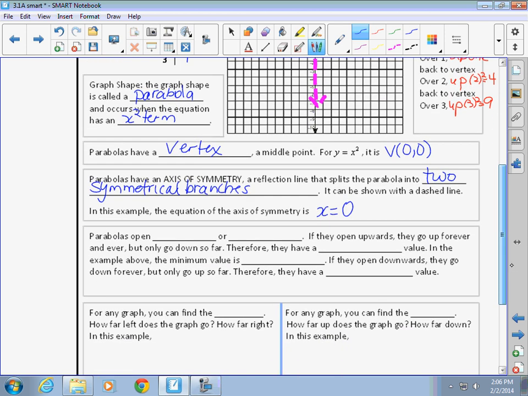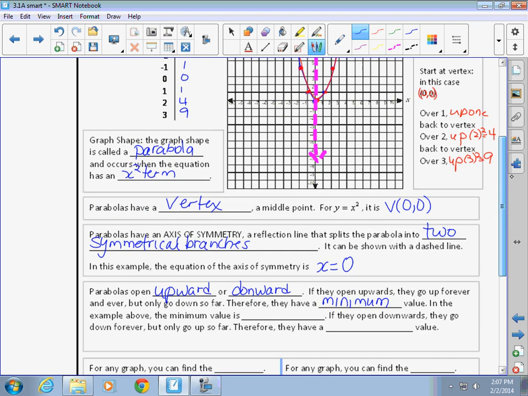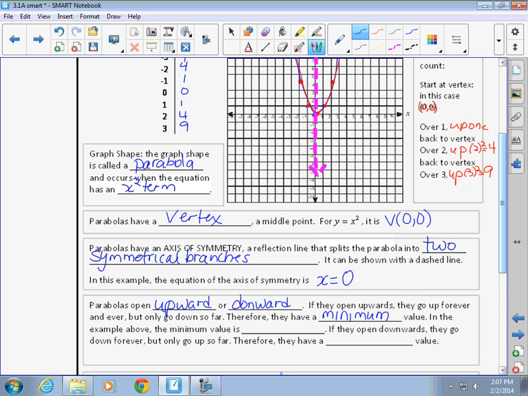Parabolas can open upward or downward. If they open upwards, they go up forever and ever, but only go down so far. Therefore, they have a minimum value. So this graph that we have up here, we could only go as far as 0, and that was the minimum value we could have.